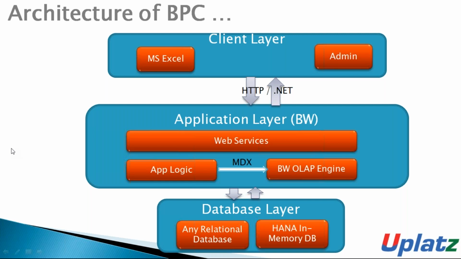It consists of three layers actually. If you see here, the topmost layer is called the client layer, the middle layer is called the application layer, and the bottom layer is the database layer. By naming convention itself, you can say what layer will do what things.